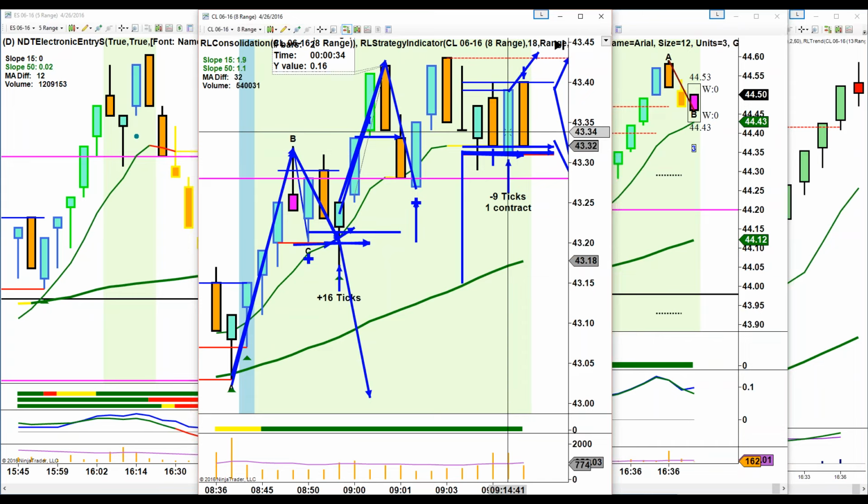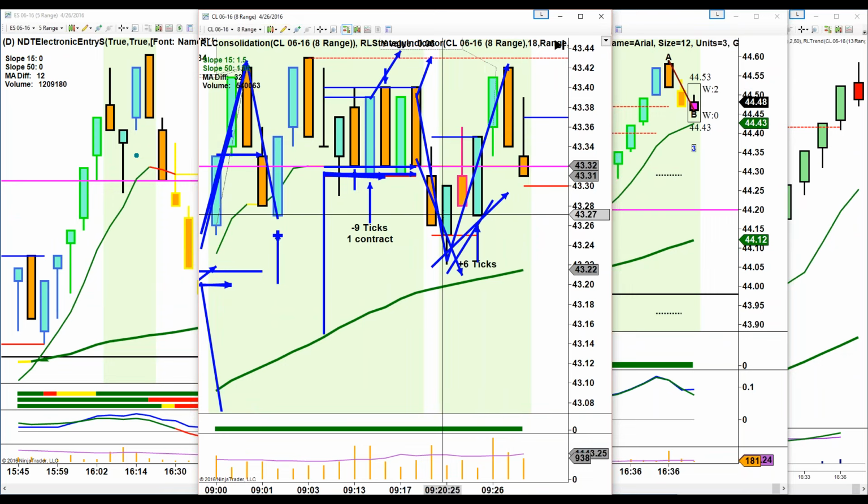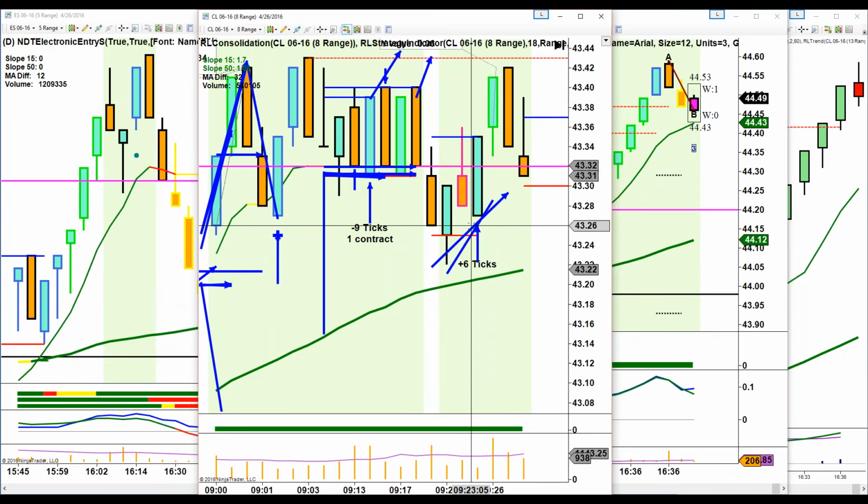Then we just waited, and what we got here, let me take off all the stuff that I drew, and I look for these. Now, remember, all the time that I'm trading, we've got background bias green, which tells us that we have multiple time frames aligned to the upside.